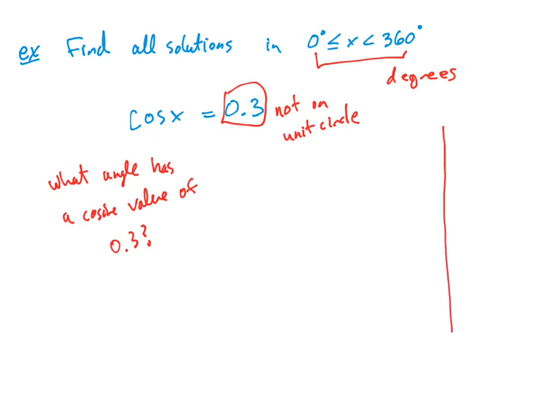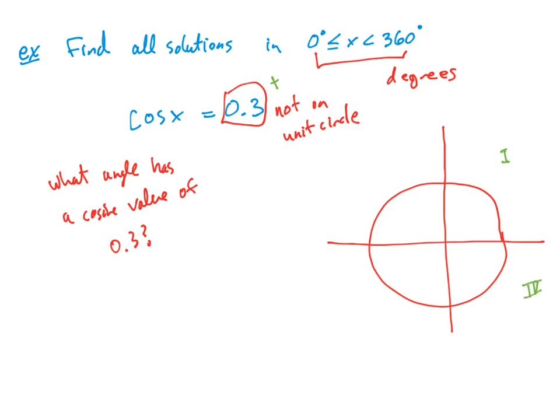Okay, so if we look at the unit circle, cosine 0.3, well, I don't know exactly where that is on the unit circle, but what I do know is that 0.3 is positive, and cosine is positive in quadrants 1 and 4. So I don't know where in quadrant 1 and quadrant 4, but it's maybe something like that. Now, because 0.3 is not on the unit circle, we're going to use a calculator.